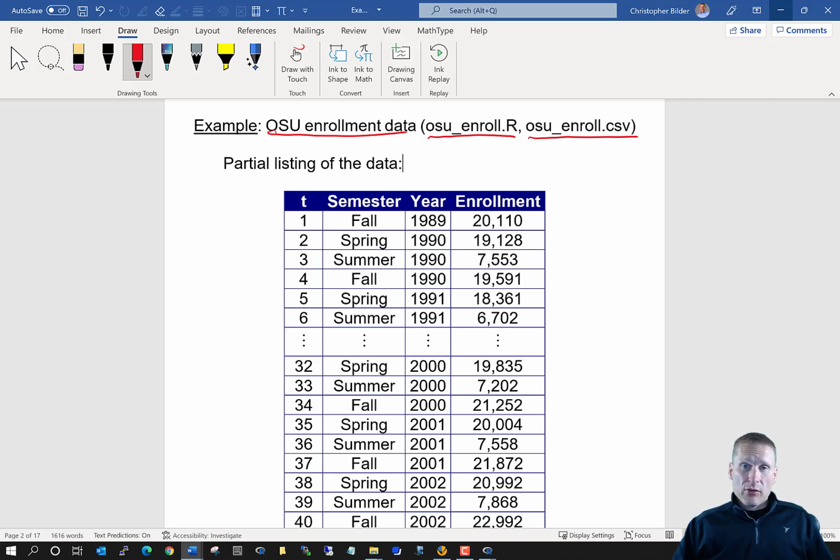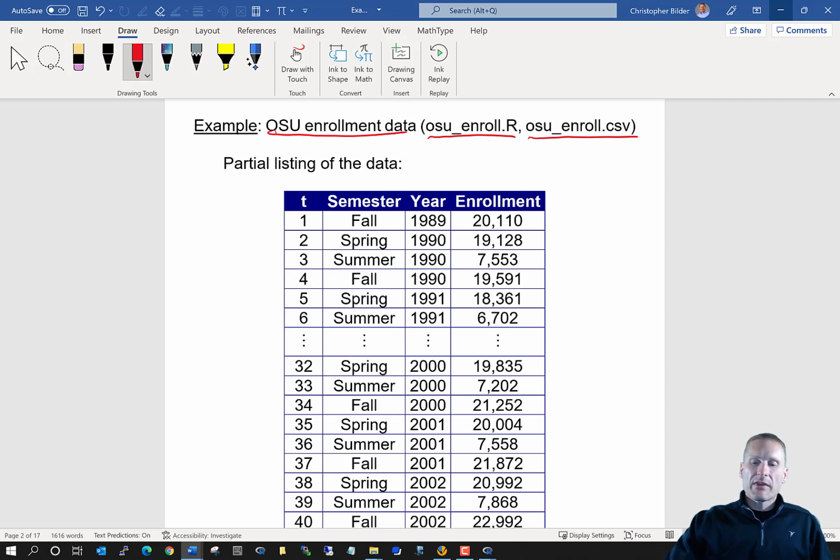Because there were fewer students, there was then less tuition dollars, and thus the university had a budget deficit that they had to deal with. And so that made me interested in this example, because I was teaching time series analysis at the time. And so I went and actually talked to the people who were making these forecasts, and I got their corresponding data to see if I could do a better job at forecasting.